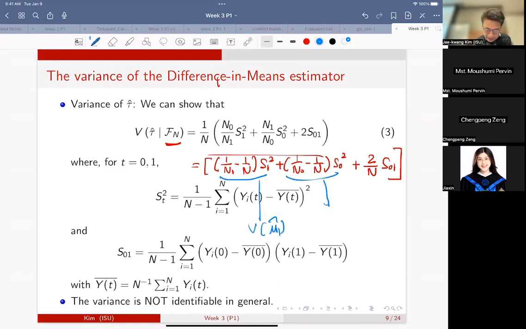This guy is the variance of mu hat 0. And this guy is a covariance, minus 2 times the covariance of mu hat 1 and mu hat 0. And so of course this variance depends on the sample size. This guy depends on the sample size, but this one does not.